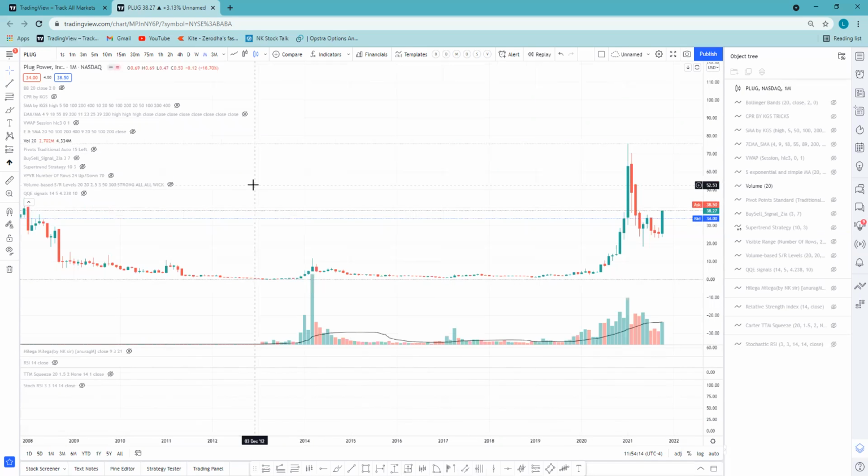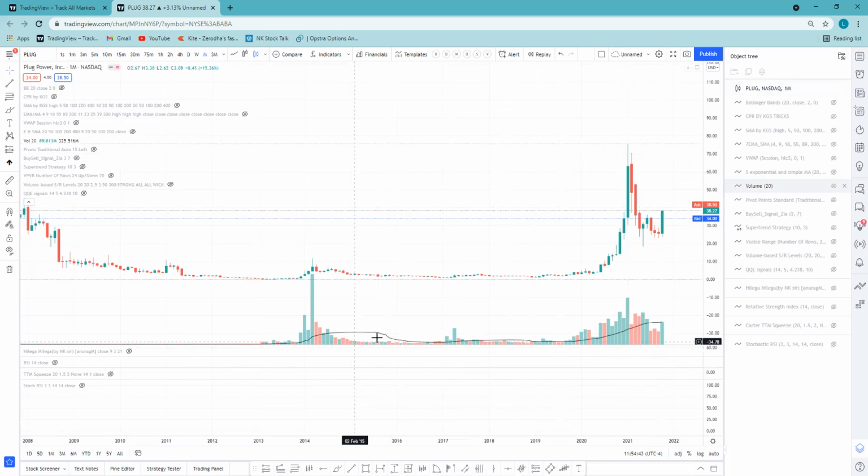This is monthly. The price is moving in a range and volume has died down. How many months did it take? 2014 till 2019, five years of accumulation. People who bought it here and held it, it becomes a multi-bagger for them.